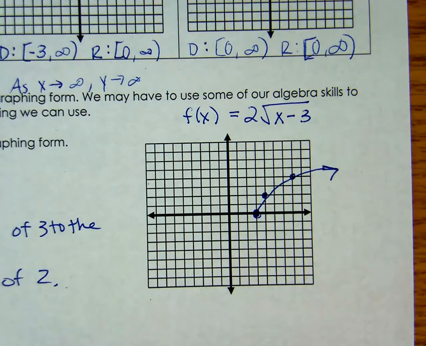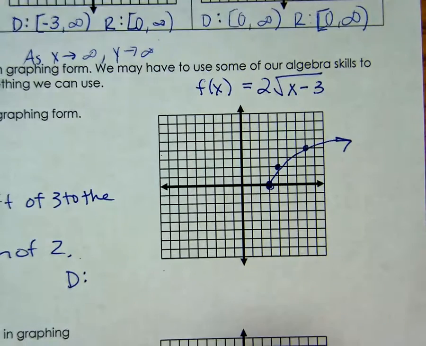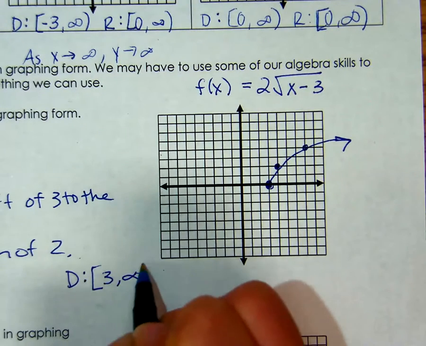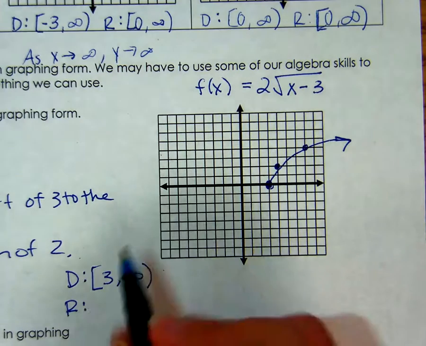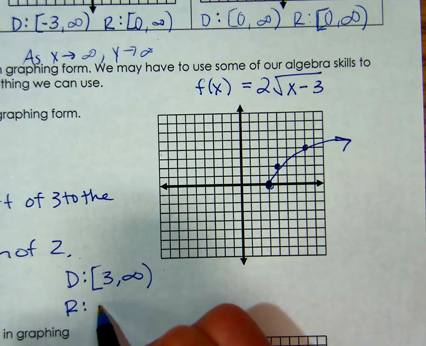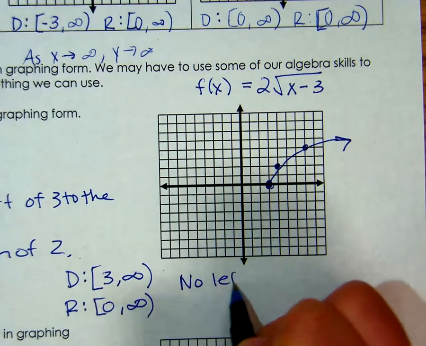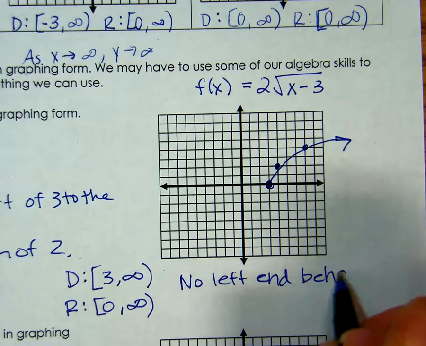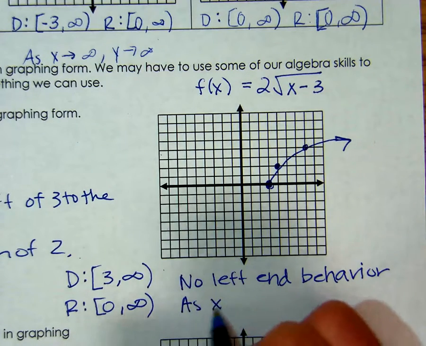Your domain is going to be from 3 to infinity. And your range goes from 0 to infinity. There is no left-end behavior. And then as x approaches infinity, y approaches infinity.